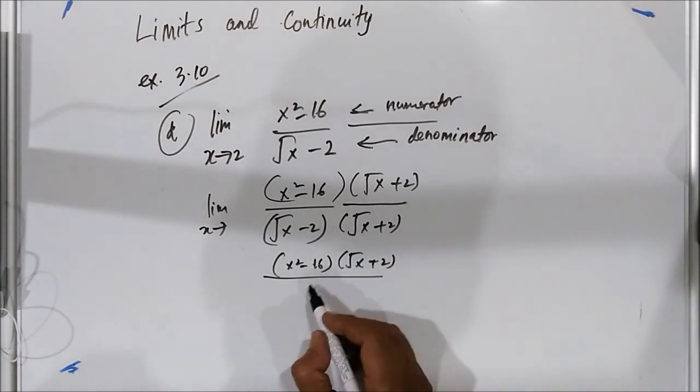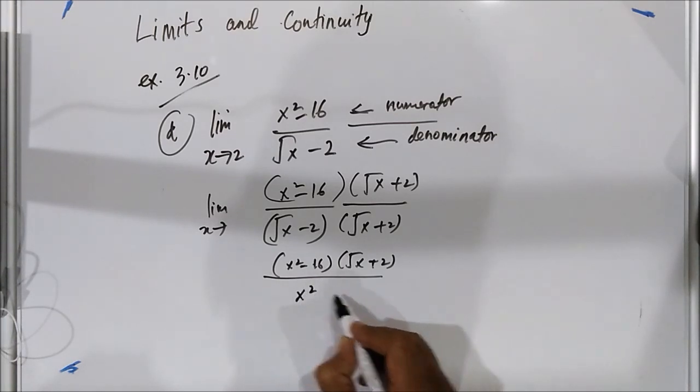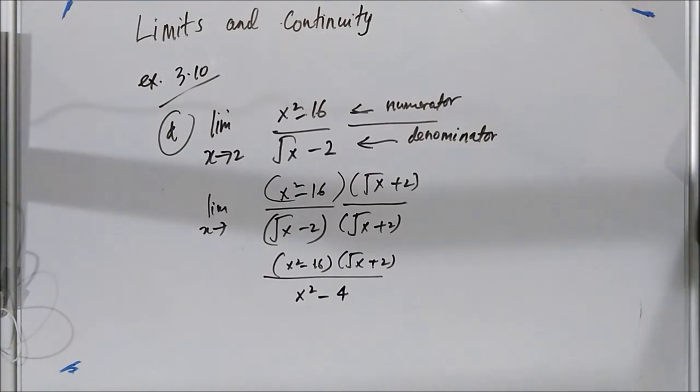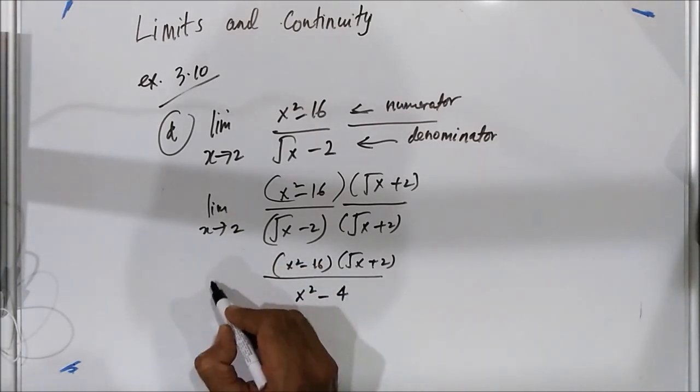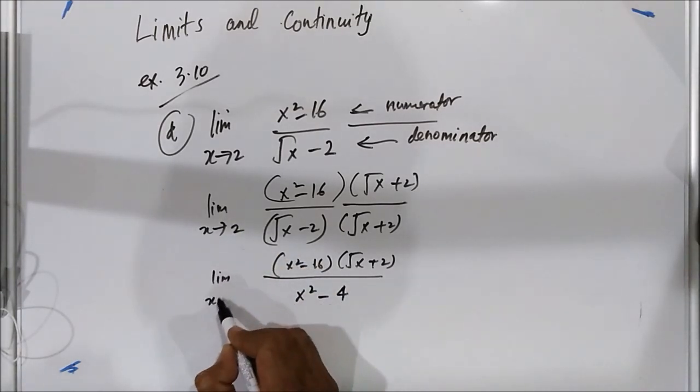If you multiply here, we get x squared minus 4. This is the limit of x approaching 2.